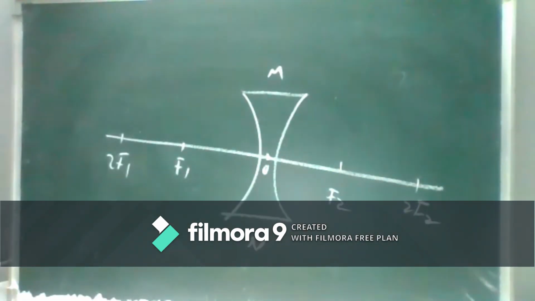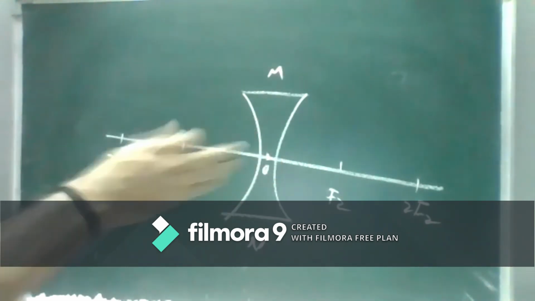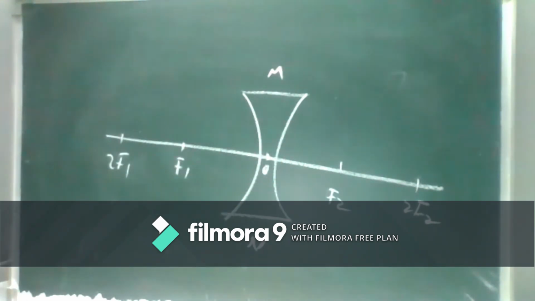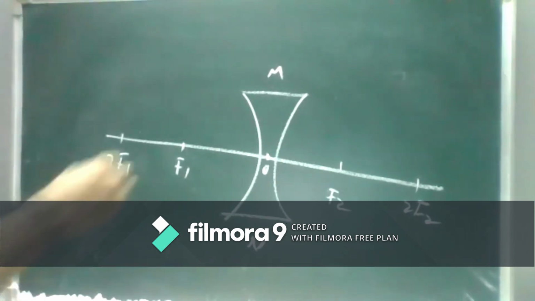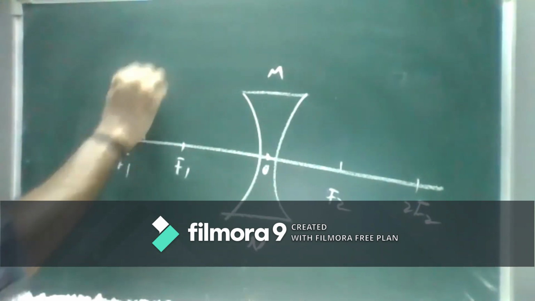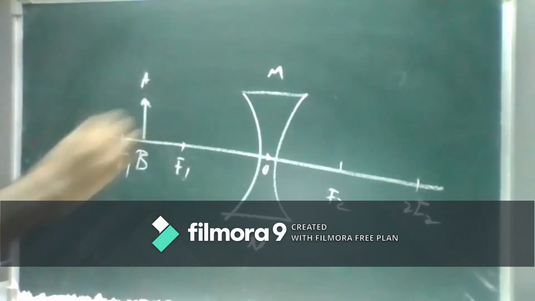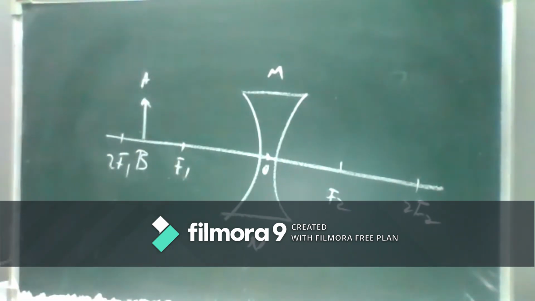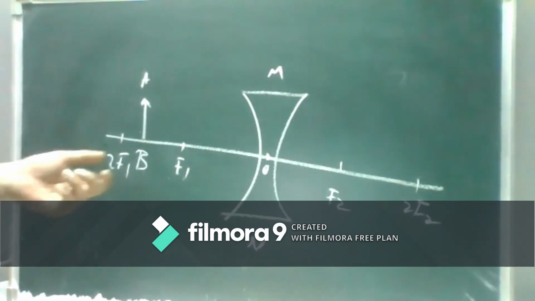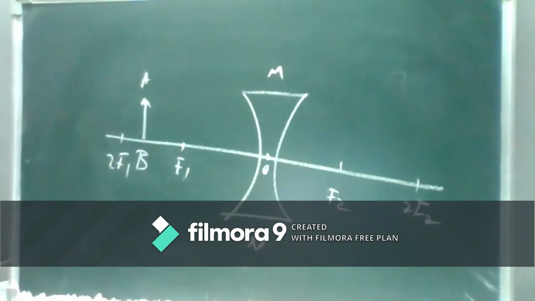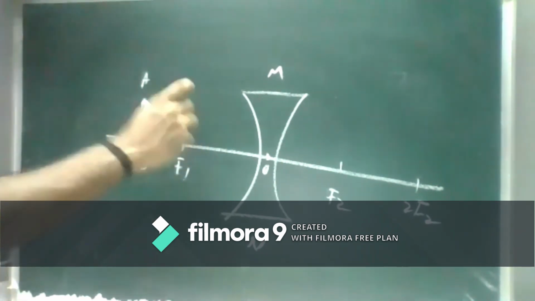Now I'm placing an object between infinity and the center point, specifically between 2F1 and F1. As usual, the first ray passes parallel to the principal axis.